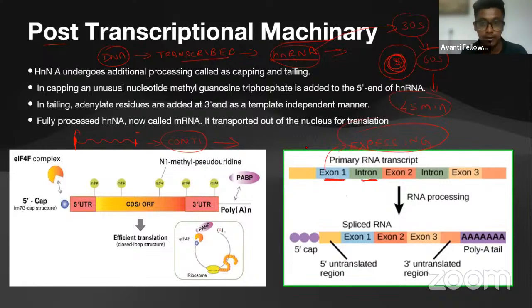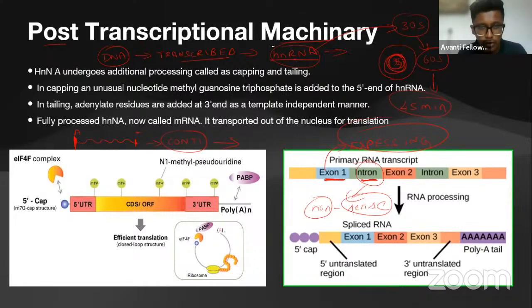Intron sequences are called interrupting sequences, also called nonsense sequences. So now, why do eukaryotes have intron sequences?